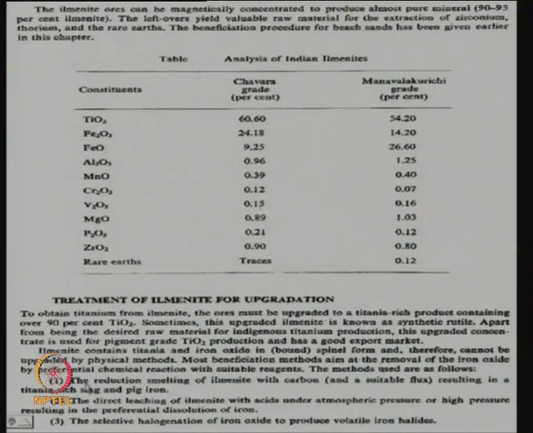So, that is number one way of handling ilmenite to get titanium. Then there can be direct leaching of ilmenite with acids under atmospheric pressure or high pressure, resulting in preferential dissolution of iron. This has also been tried.